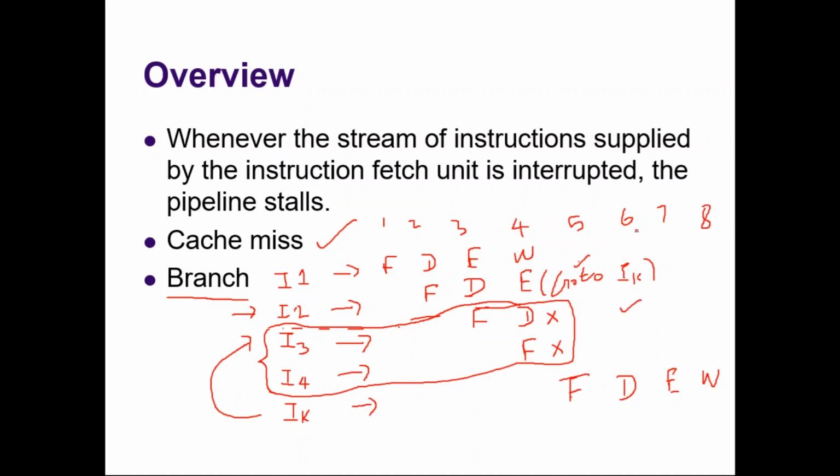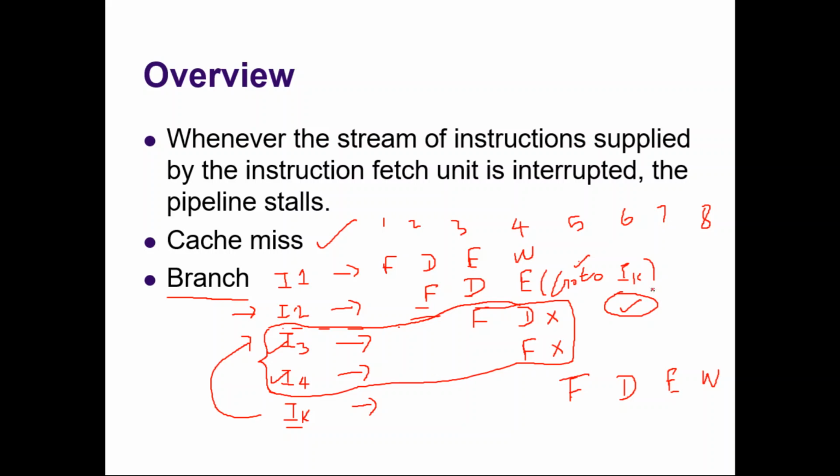If instructions 3 and 4 were not unnecessarily fetched, then instruction K should have finished at clock cycle 6, provided the processor is able to understand that the next instruction is instruction K immediately after fetching instruction 2.